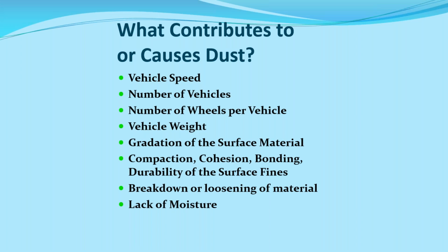The gradation of the material. What type of material is it? What type of moisture is there? You're very fortunate in Ohio that you have a lot of humidity. And so some of these chemical treatments that are hygroscopic, meaning that they pull water right out of the air, work very well in some of those higher humidity areas.